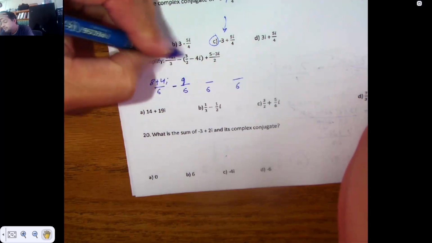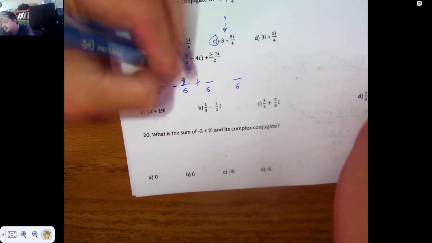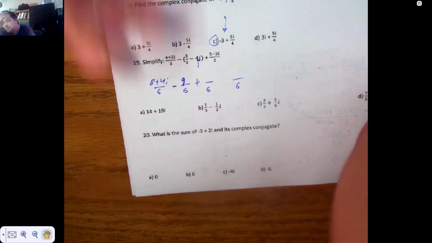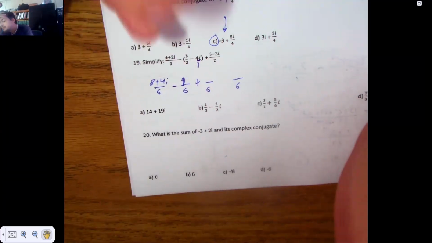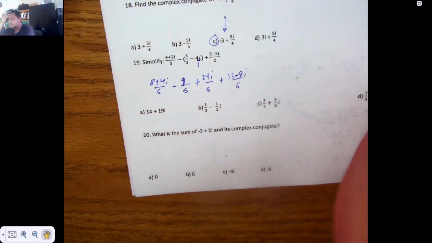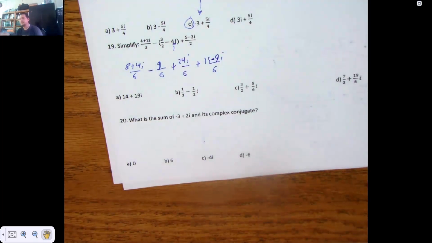By the way, a negative times a negative is positive. This guy had a denominator of 1, so I had to multiply the denominator by 6. I have to 6 the top. This guy had a denominator of 2. I had to triple the top. Now everything's going to be over 6.